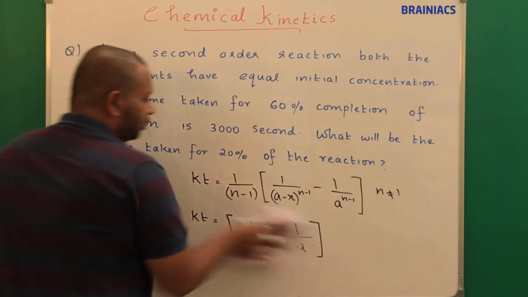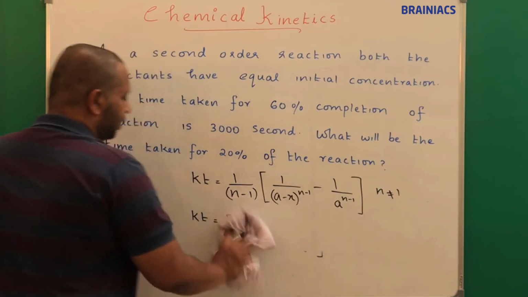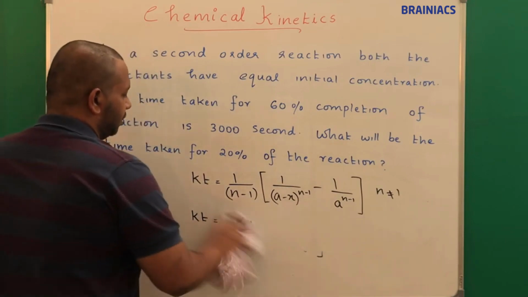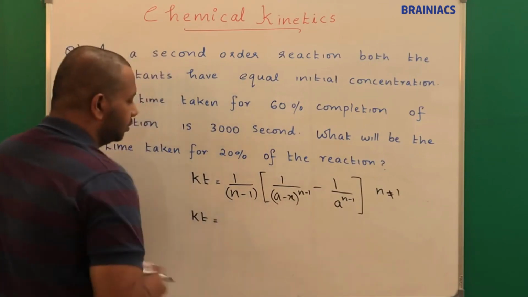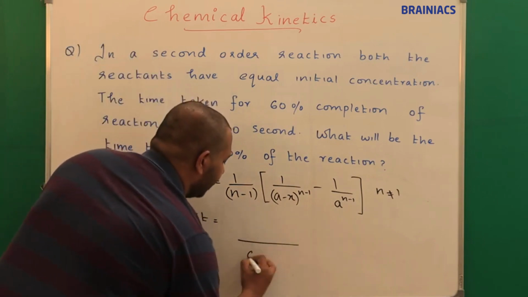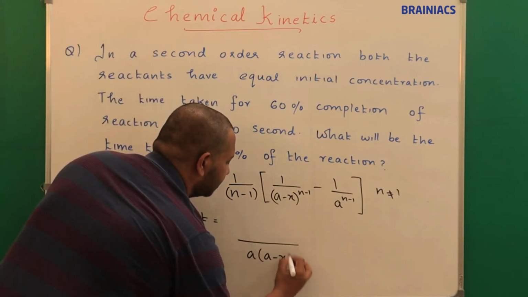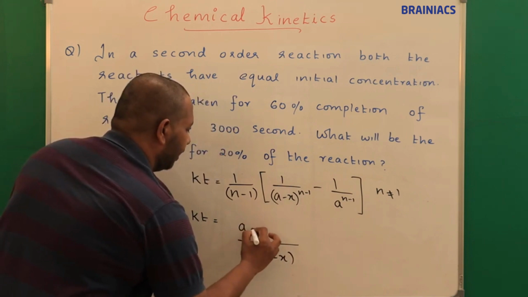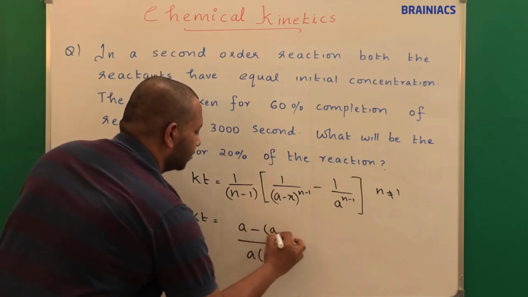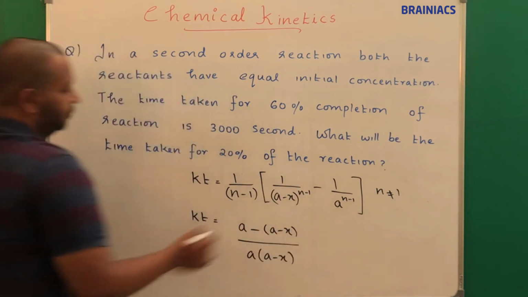On cross multiplication, let's see how the equation changes. In the denominator a into a minus x and in the numerator a minus x, correct?